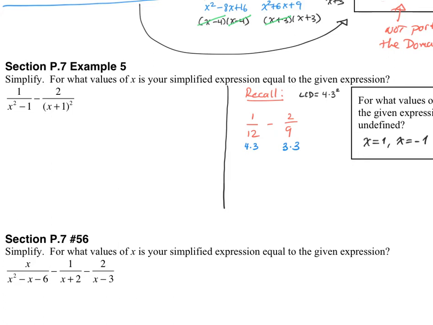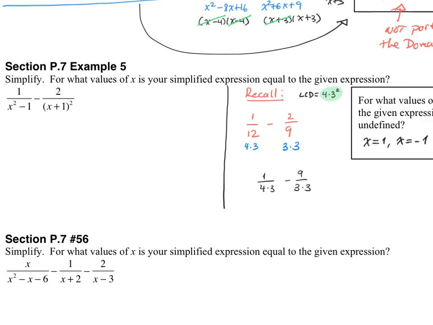But this is how you should look at this, and it will make these problems way easier to do. So once you have that, then you can say, well, I have 1 over 4 times 3 minus 2 over 3 times 3. And remember that this is the LCD.